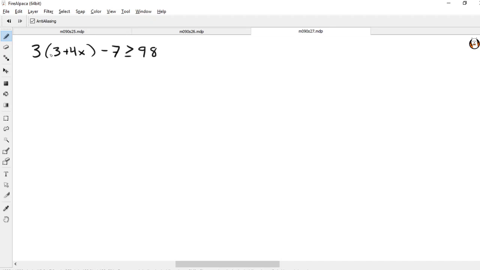Next problem. 3 times the quantity 3 plus 4x minus 7 is greater than or equal to 98.